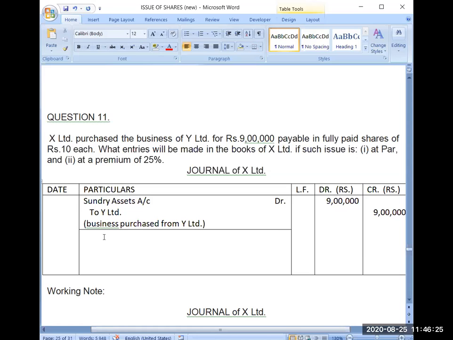Now the second entry will be you are issuing them fully paid shares. So Y Limited will be compensated. Y Limited debit 9 lakh. So for 9 lakh you will be issuing shares to Y Limited.